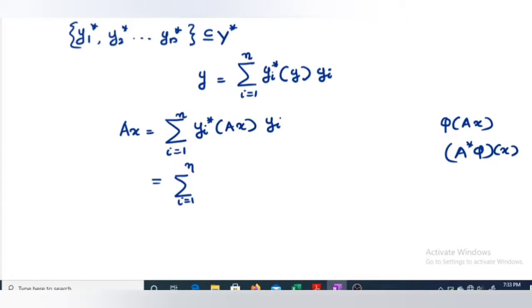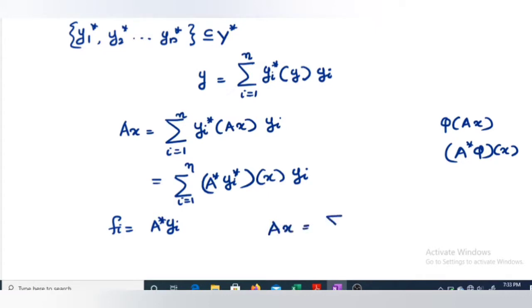Therefore this you can write as A star yi star of x into yi. So if you replace phi_i equal to A star yi star, then we can write Ax as sigma i equal to 1 to n of phi_i of x into yi.